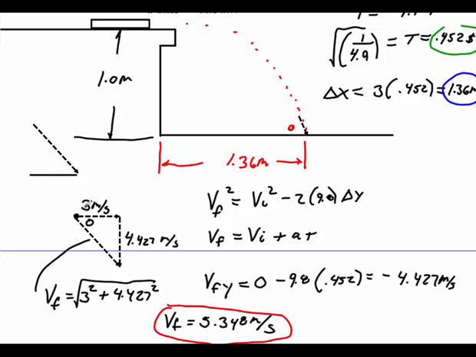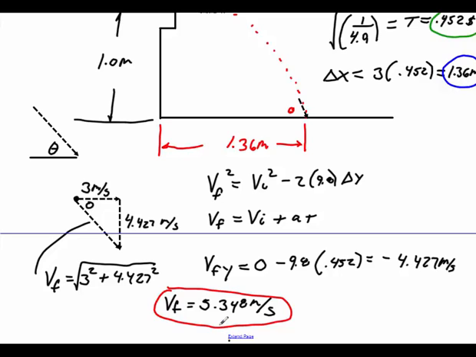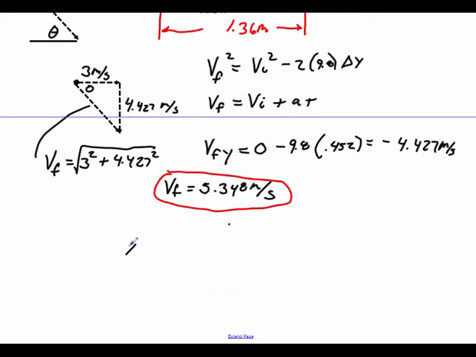Now if this is theta here, this angle here will be theta here because those are vertical angles. So the easiest thing to do is the inverse tan. Again, I do the tangent. It's going to equal 4.427, which is the opposite, divided by 3. That's going to be the tangent of theta.